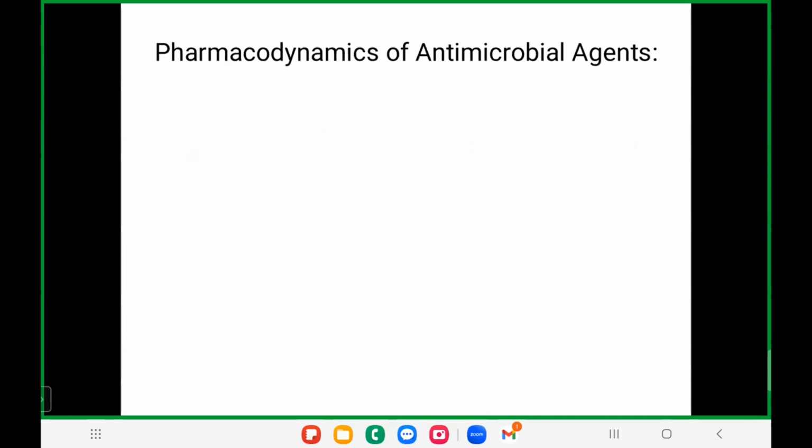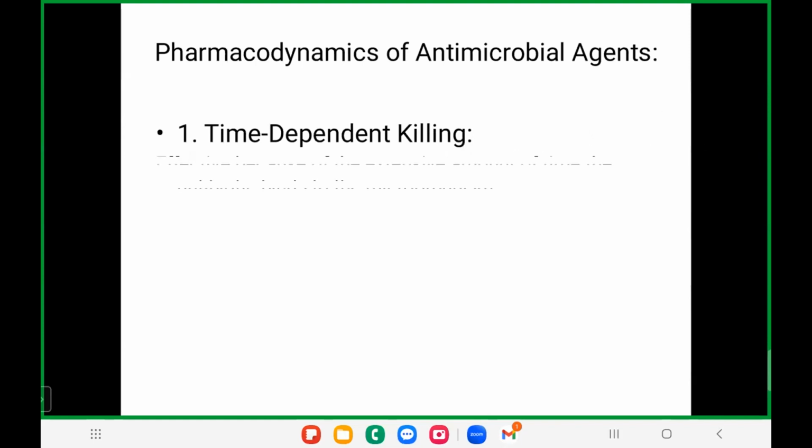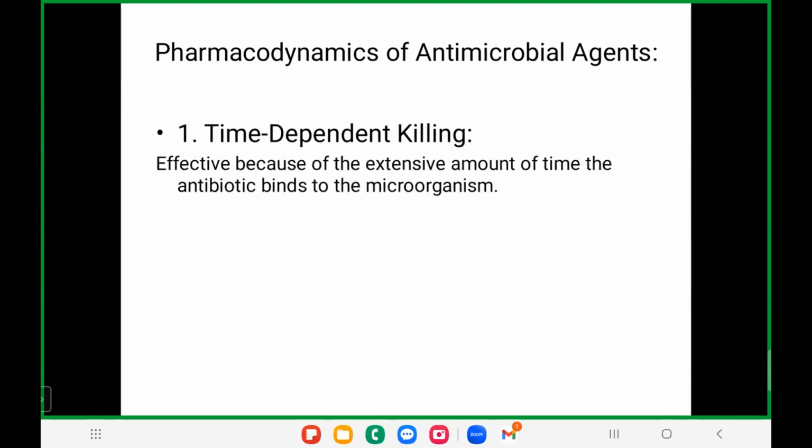Before going to that, we need to understand the pharmacodynamics of antimicrobial agents. In that, the killing by antimicrobial agents is of 2 types. One is time-dependent killing. In this, the drug will be effective if there is more time to bind the microorganism.